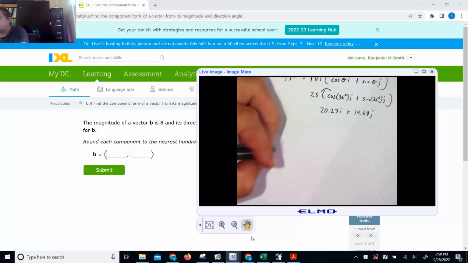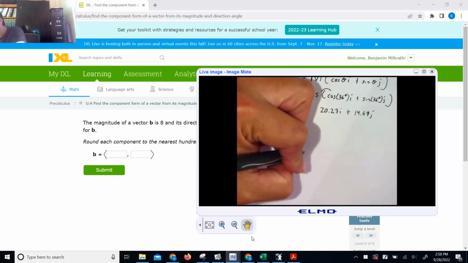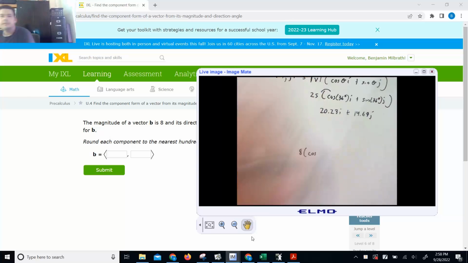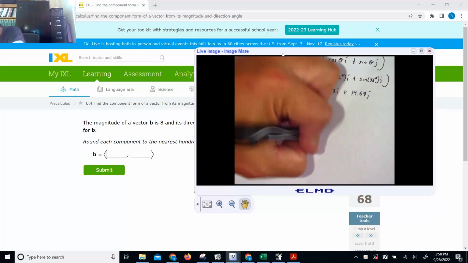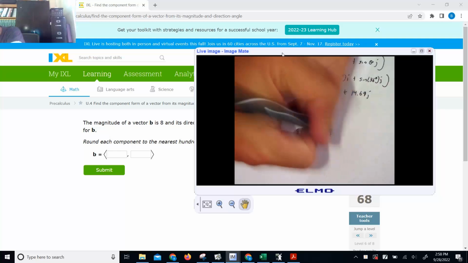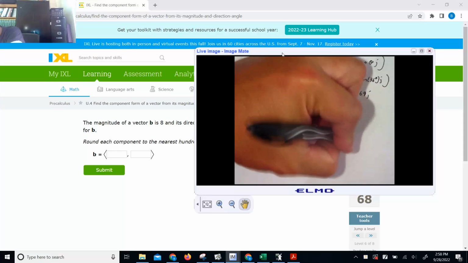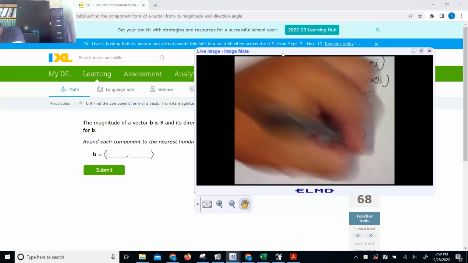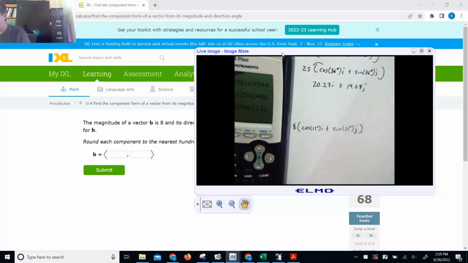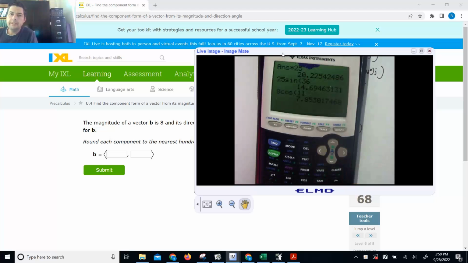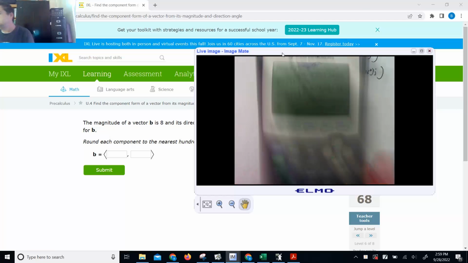All right, so the magnitude is 8. What was the angle of interest? The angle of interest is 11 degrees. So there's my i's and my j's. So I'm going to have 8 cosines of 11, nearest hundredth still. 8 cosines of 11, 7.85.